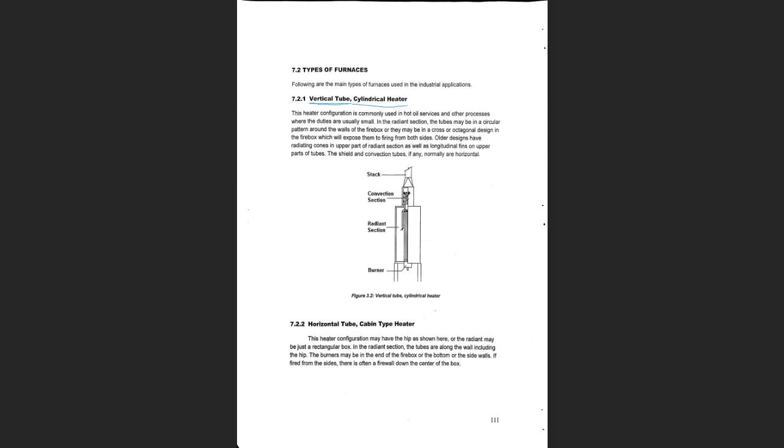So the coils or the tubes inside the radiant section. When it says vertical tube, they mean by that that the tubes or the coils inside the radiant section are arranged vertically. They are present vertically inside the furnace.